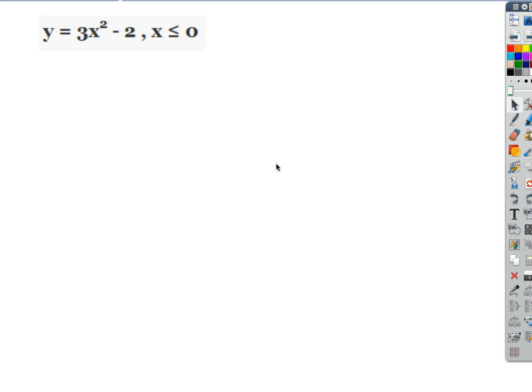Let's go through these steps. This one's a little tricky. Okay, if I'm finding an inverse, what's the rule? What do I do first? Switch the x's and y's. All of the x's and y's.